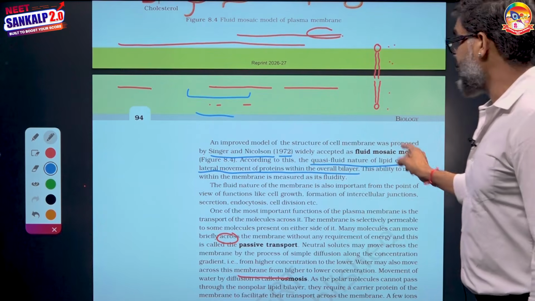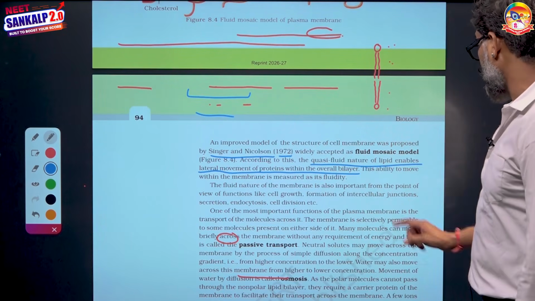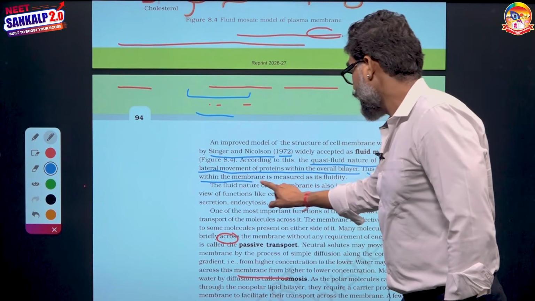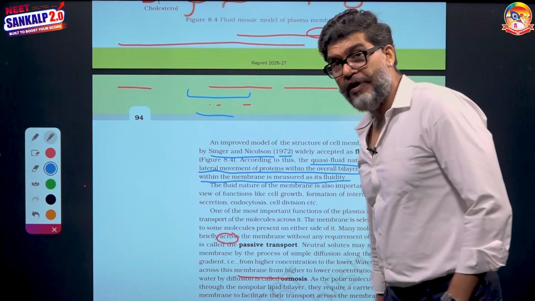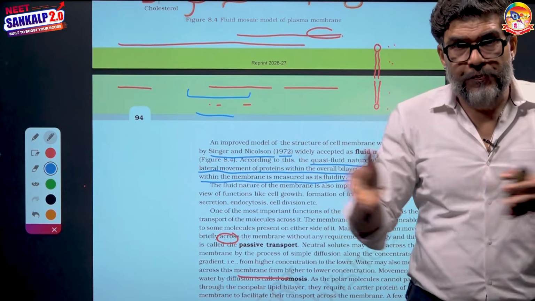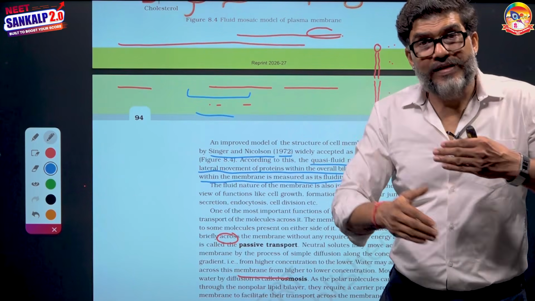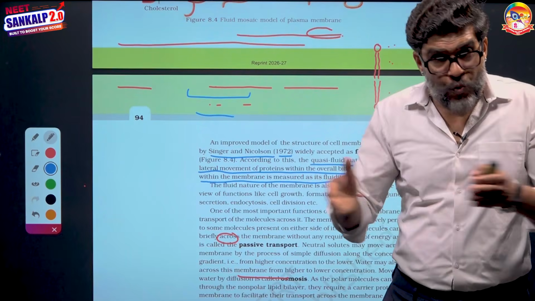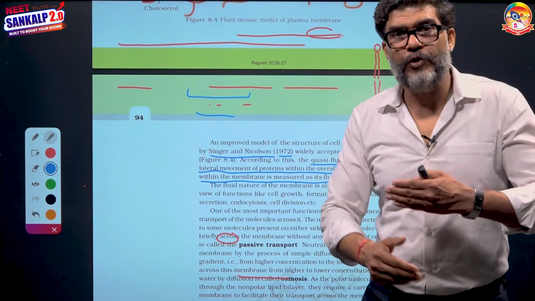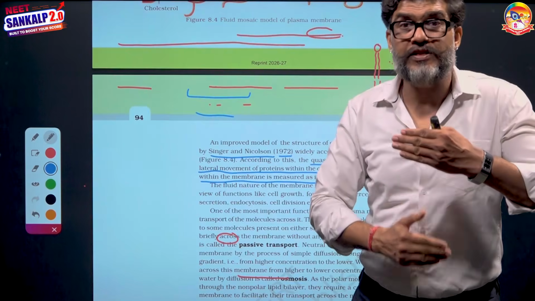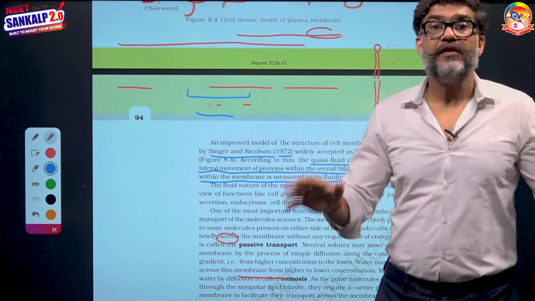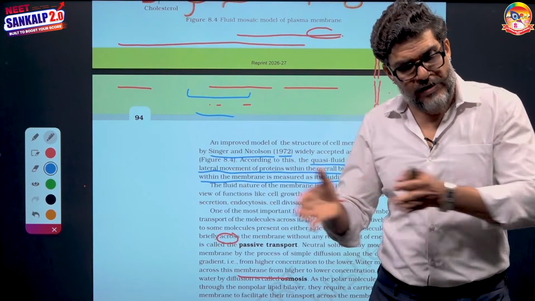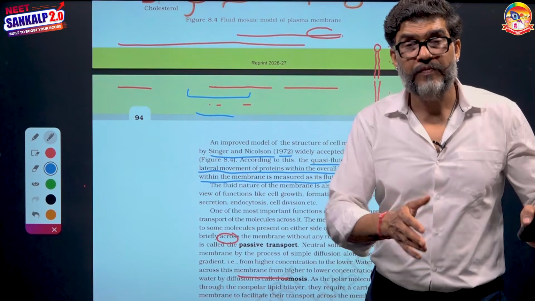The reason is the quasi-fluid nature of lipids. One more important line: this ability to move within the membrane is measured as its fluidity. Lateral movement of the proteins is measured as the fluidity of the membrane, and this lateral movement of the proteins is made possible because of the quasi-fluid nature of the lipids. I repeat, the quasi-fluid nature of the lipid is responsible for the lateral movement of proteins.